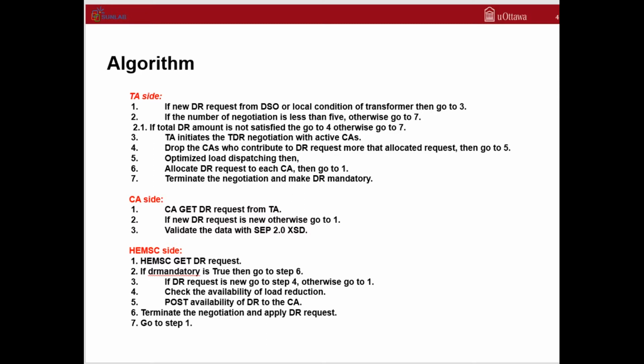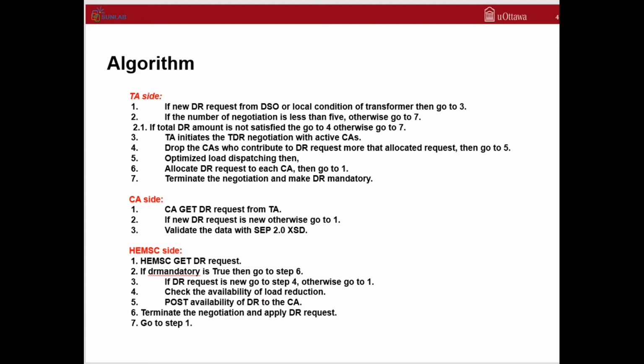So it looks at the negotiation iteration. It should be a limited number of negotiations. So we decided to keep the negotiation less than 5. If the negotiation is less than 5, keep continuing the negotiation. Otherwise, you have to terminate the negotiation and set the flag of DR mandatory equal to 1.